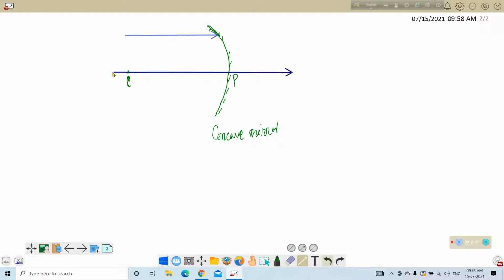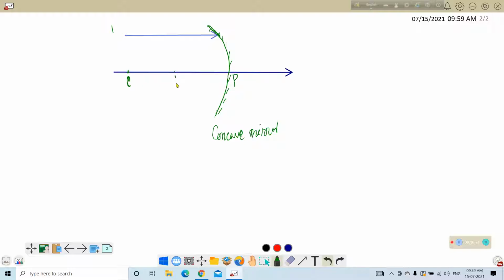We have the principal axis, this blue line is the principal axis. And this is ray number 1. Ray number 1 is incident on the mirror and the incident ray is parallel to the principal axis. After reflection, this ray will pass through a certain fixed point.